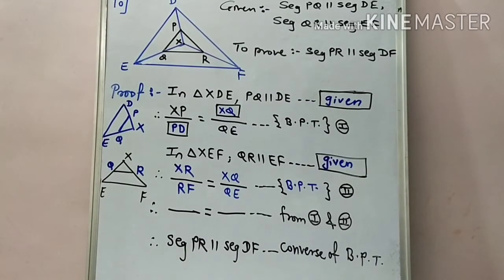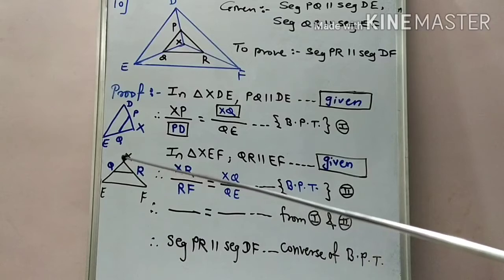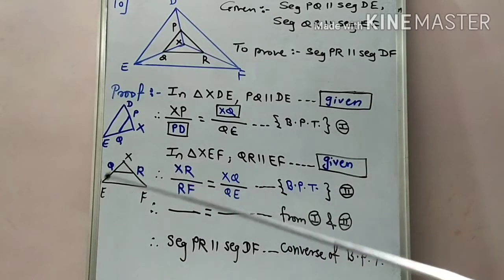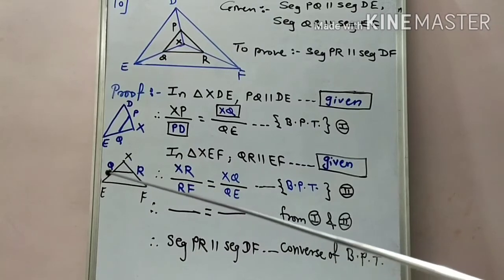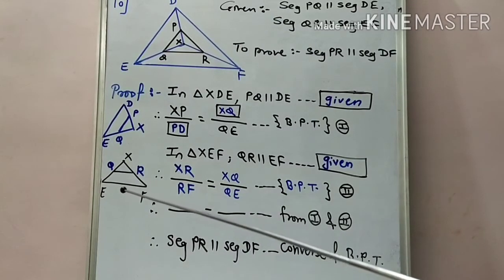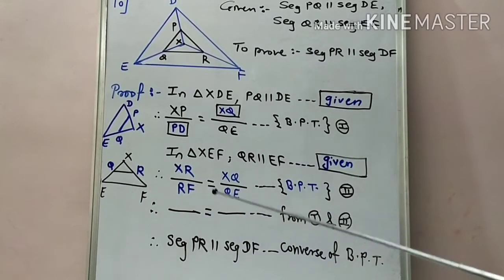Okay, pay attention over here. Understood? Here we write the statement QR parallel to EF as given, and then we write XR upon RF equals XQ upon QE. Getting this? Because QR is parallel to EF means the line parallel to one side divides the remaining sides in equal ratio.